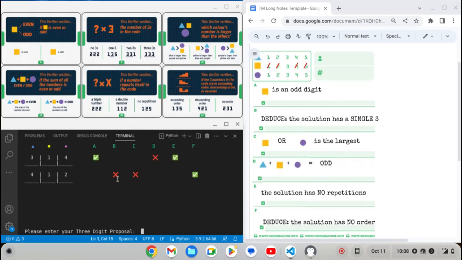This is bizarre. 3, 1, 5. So the only thing I can think of is that it's going to be 315.